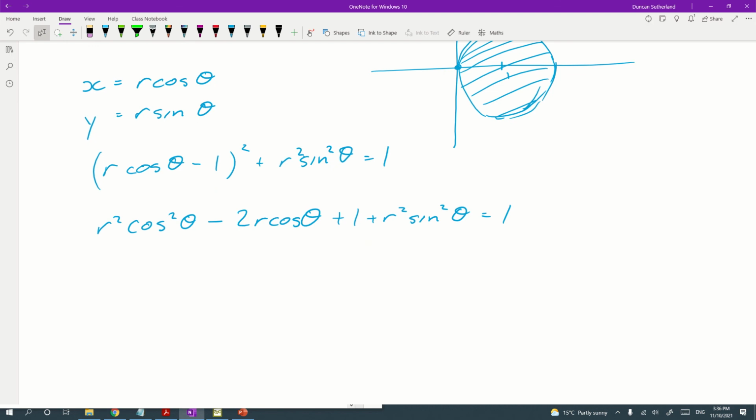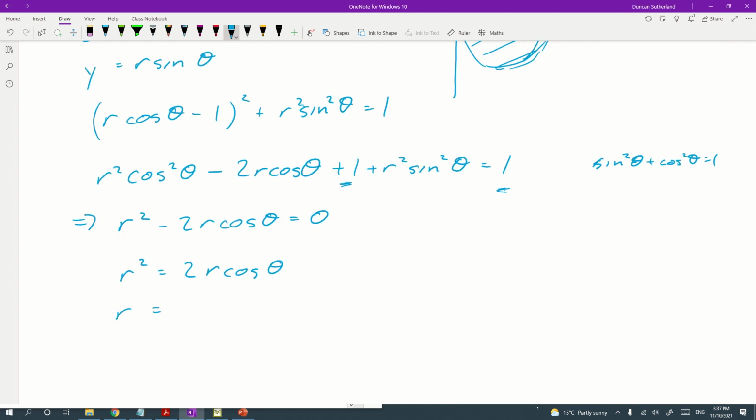So we can now start simplifying this. Obviously this 1 is going to cancel with that 1. We can use sine squared theta plus cos squared theta equals 1 to obtain r squared minus 2r cos theta equals 0, or r squared equals 2r cos theta, r equals 2 cos theta.